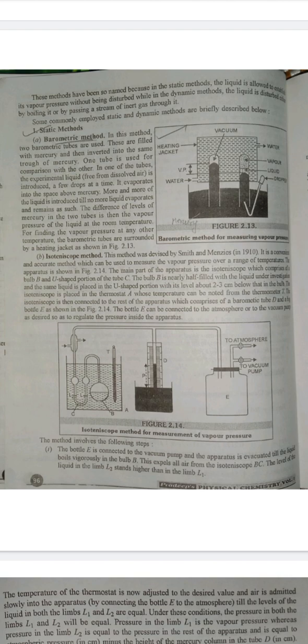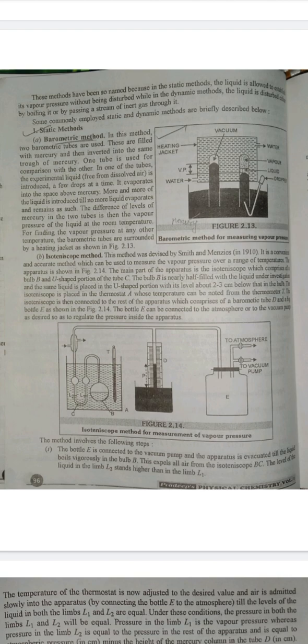B. Isoteniscope method. This method was devised by Smith and Menzies in 1910. It is a convenient and accurate method which can be used to measure the vapor pressure over a range of temperatures. The apparatus is shown in figure 2.14. The main part of the apparatus is the isoteniscope, which comprises a bulb B and a U-shaped portion of the tube C. The bulb B is nearly half filled with the liquid under investigation, and the same liquid is placed in the U-shaped portion with its level about 2 to 3 centimeters below that in the bulb.